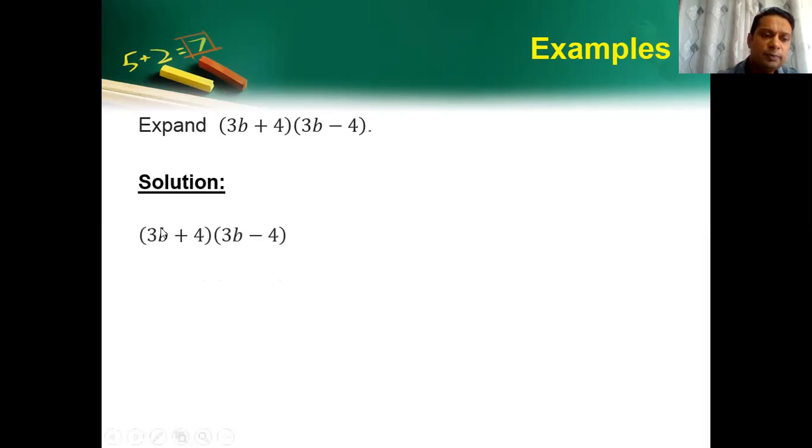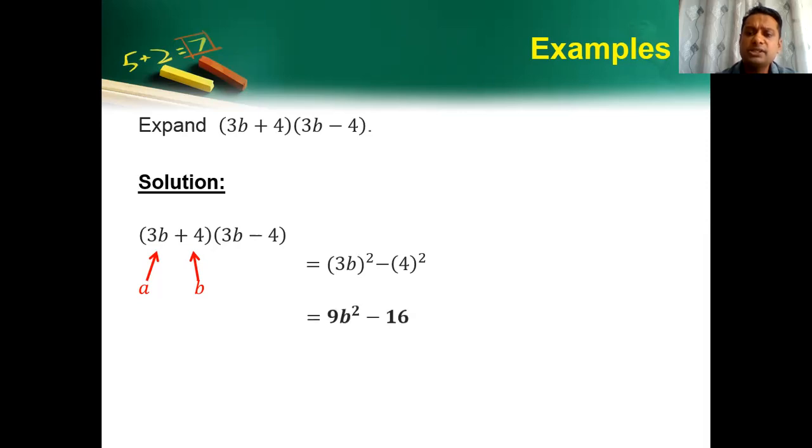Here, you can replace a by 3b and b by 4, which is equal to a squared minus b squared. That is 3b squared minus 4 squared, which is equal to 9b squared minus 16.